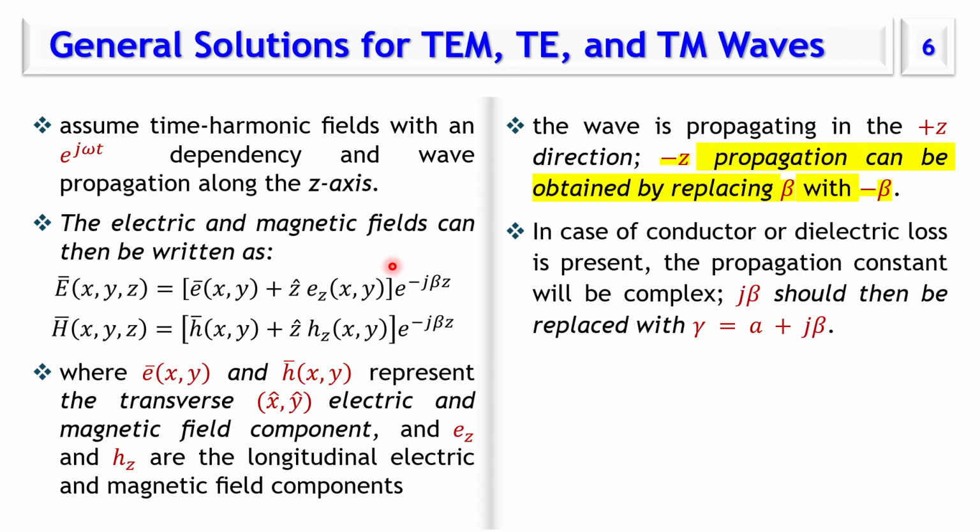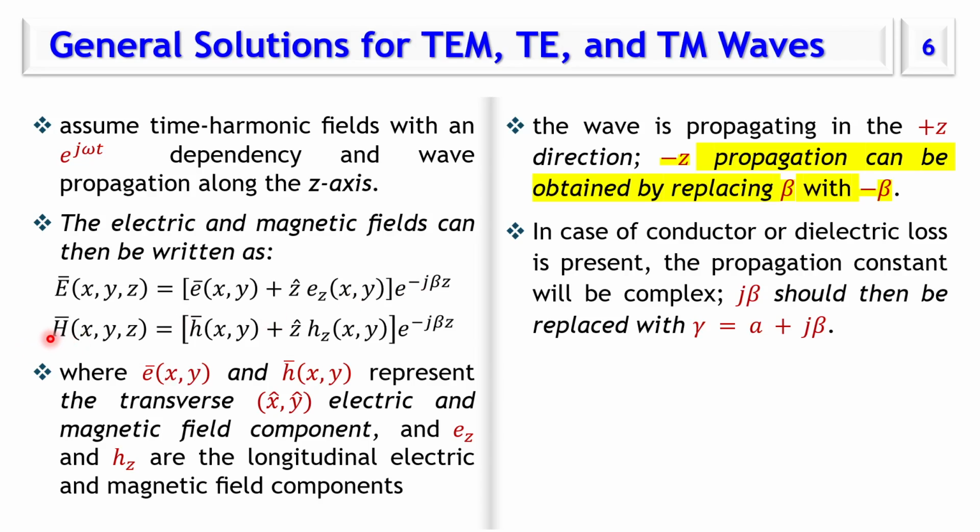We will do the analysis for a wave propagating in the positive z direction, which has the expression e to the minus j beta z. And if we wanted to solve for the wave propagating in the negative z direction, all we need to do is make this plus.